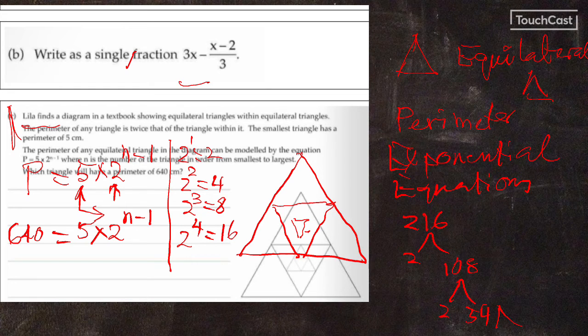Right? So now, what do I do first? That's the question I asked all the time in the classroom. Most of the students, or some of the students, would say, first of all, you've got to do 640 divided by 5.